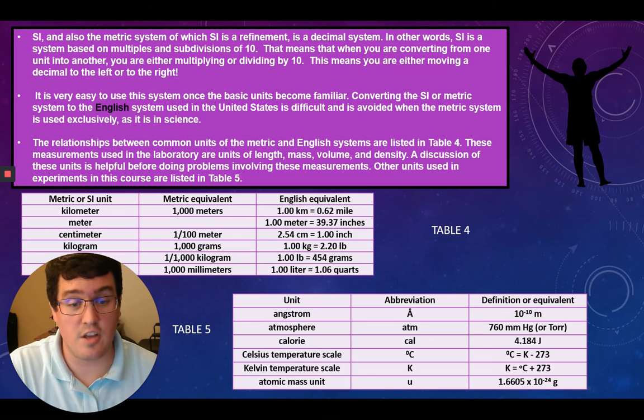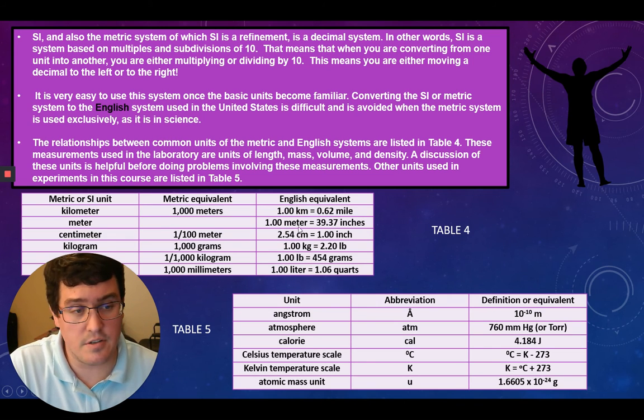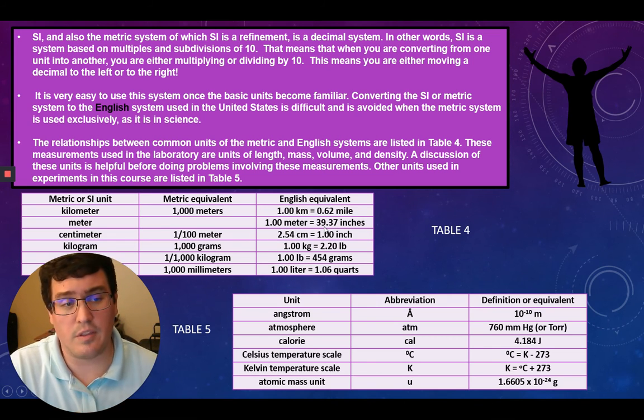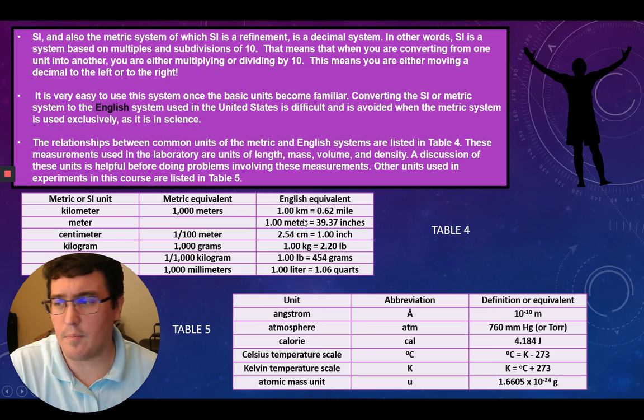So what we're going to talk about a little bit today is how do you convert back and forth. It's not very easy. In fact, if you look here, the correct conversion from 1 meter to inches, for example, is 1.00 meters equal to 39.37 inches. That's kind of weird. Why is this not a round number?